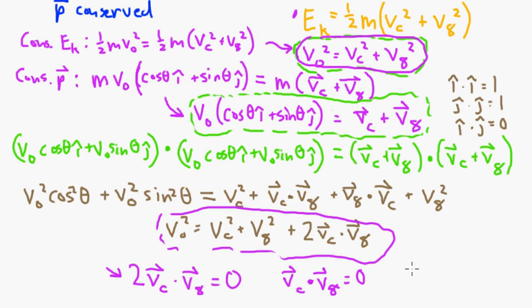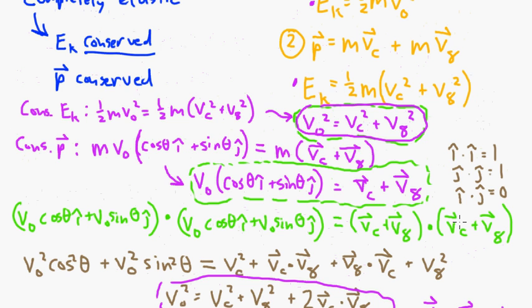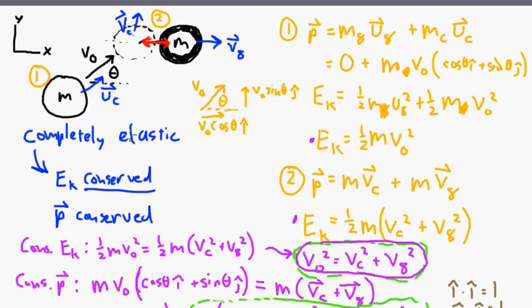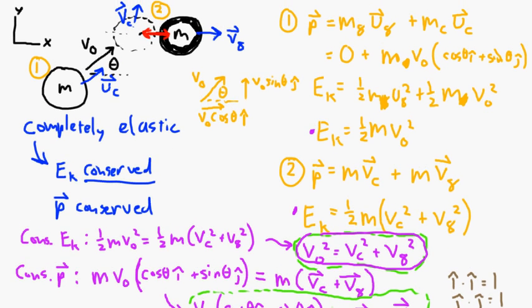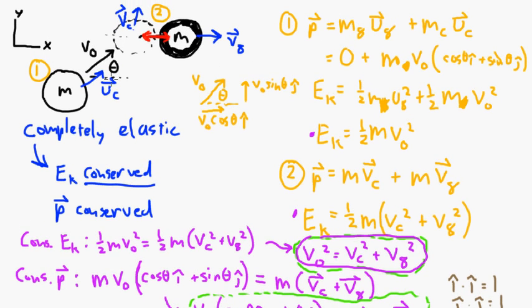This is a fact: if you have two objects of the same mass and they collide with each other, let me specify this exactly, two objects of the same mass collide in a completely elastic collision, and one of the objects is stationary before the collision, then they will break at right angles. So VC will go straight up here, and V8 will go this way.